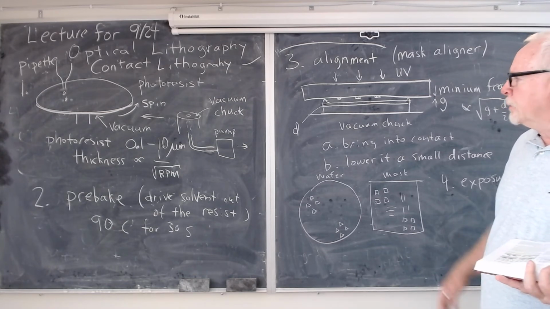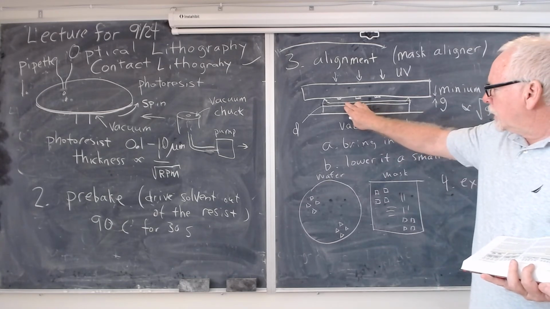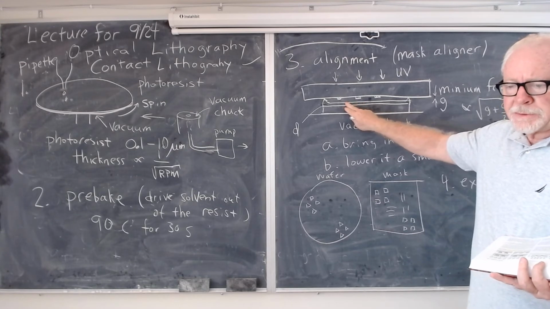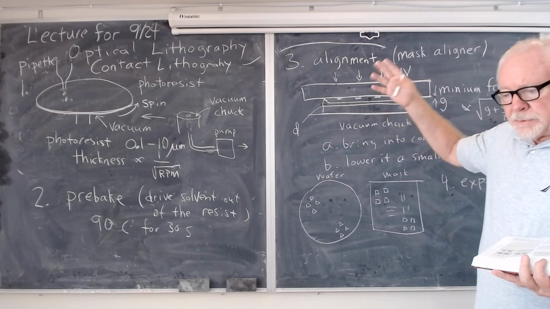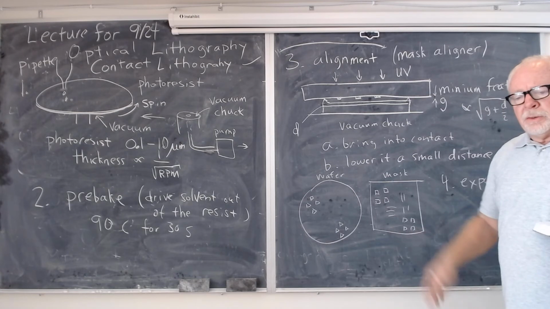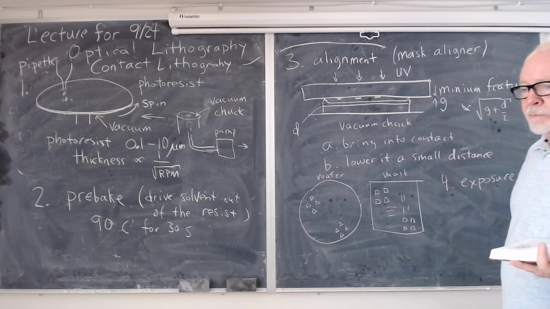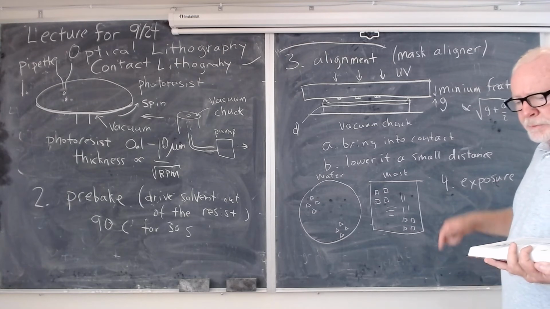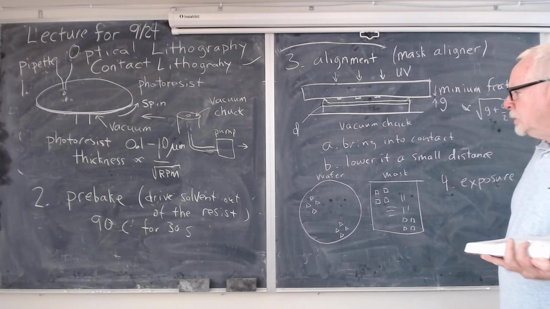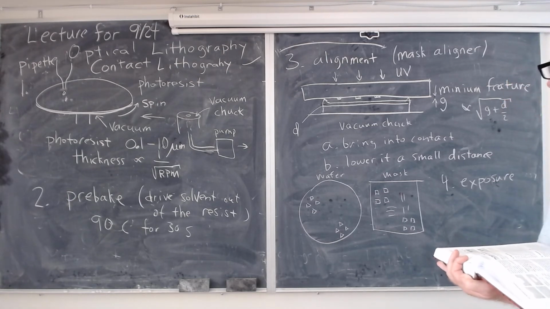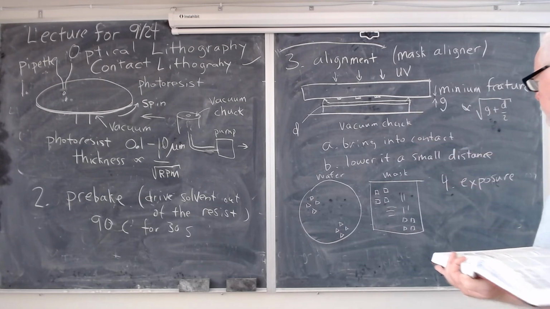You have red light because the chemical material here is not sensitive to the red, and so that allows you to see what's going on. And usually you can get away with yellow, meaning as long as the lights don't have any wavelengths shorter than around 500 nanometers, it won't damage the photoresist.